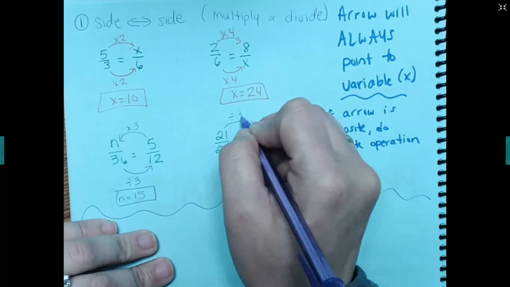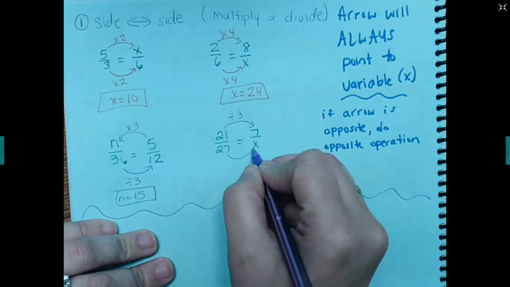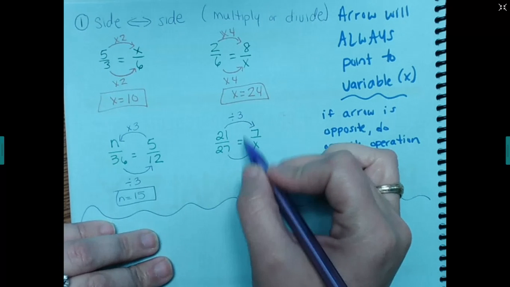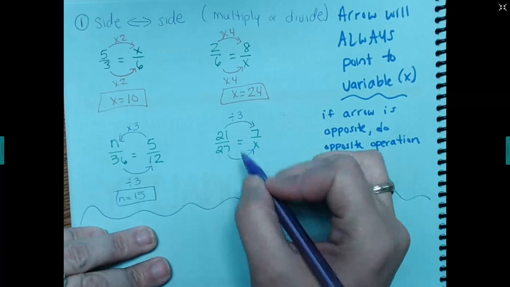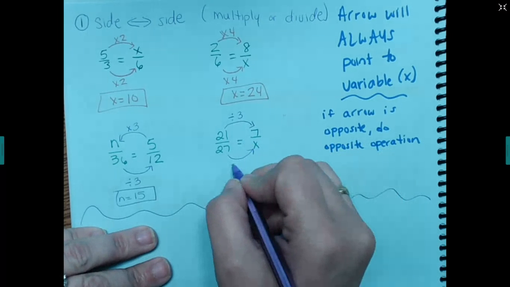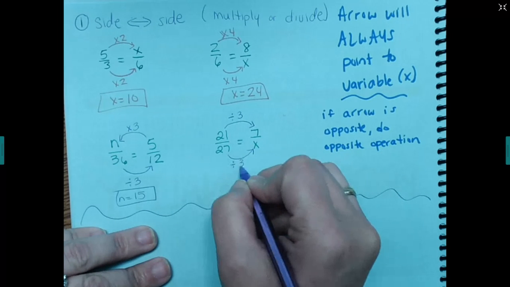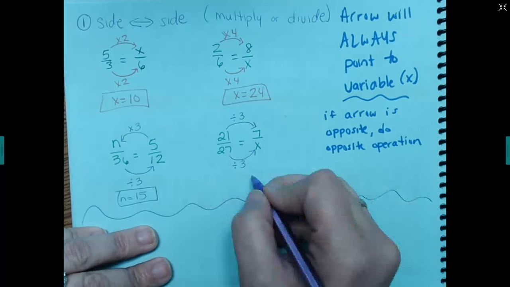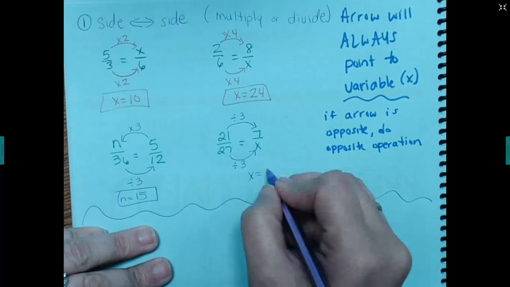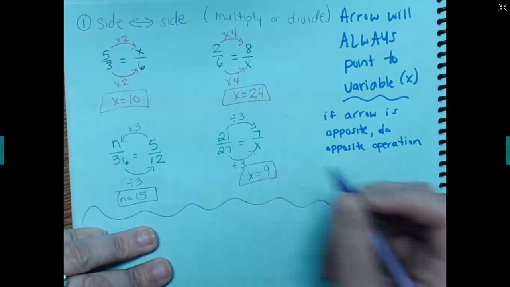Divide by 3. On the bottom, I'm always pointing to x. So this time I'm going the same direction, which means I do the same operation. So x equals 9.